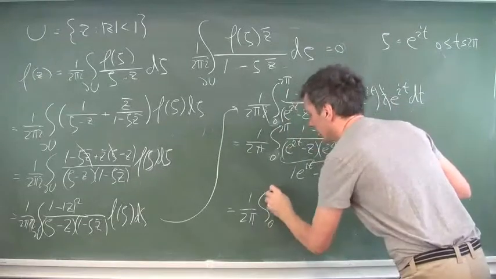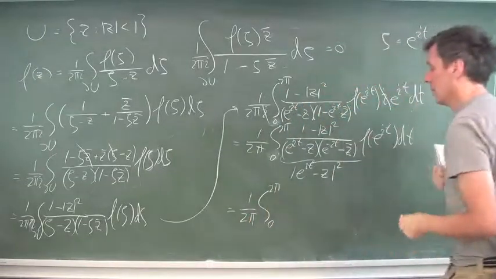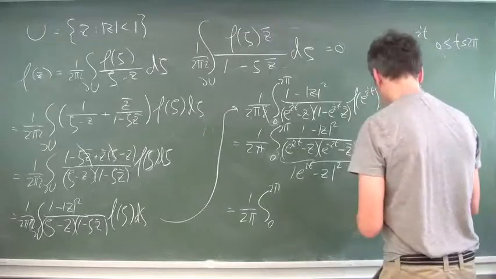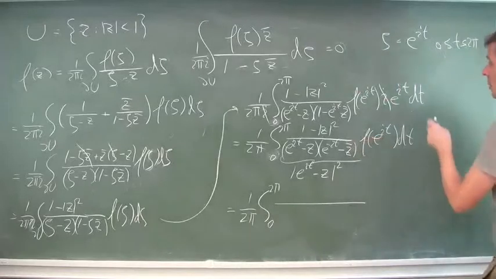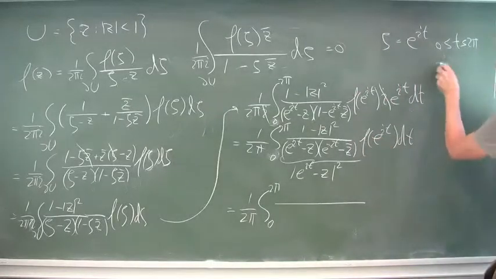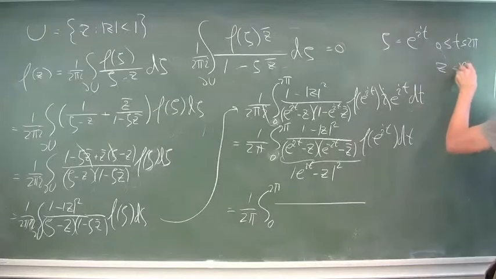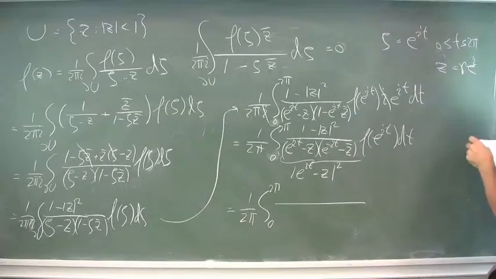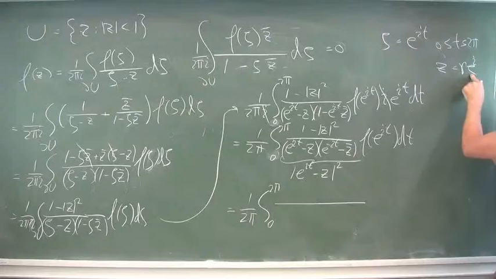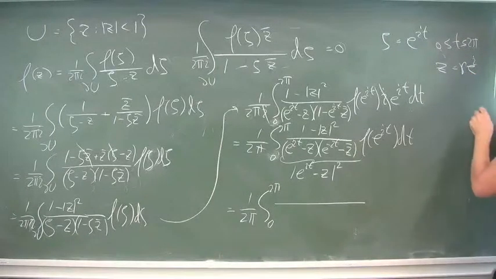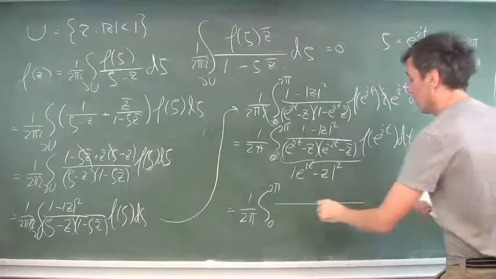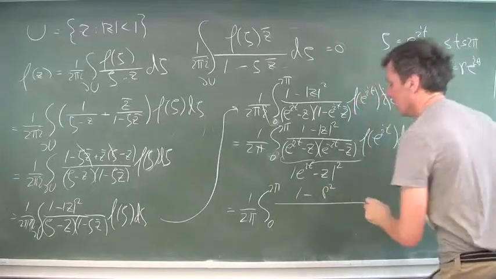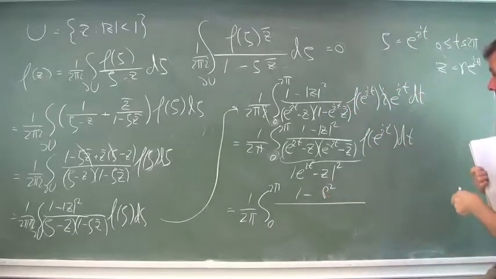And so we have 1 over 2 pi times the integral from 0 to 2 pi of, and if we now write z in polar form, like r times e to the power i theta, then we see that up here we get 1 minus r squared.